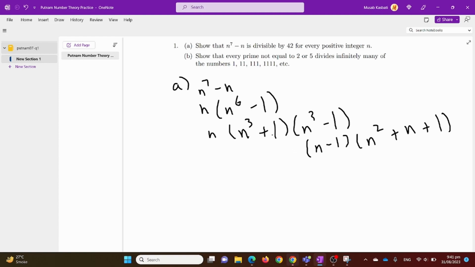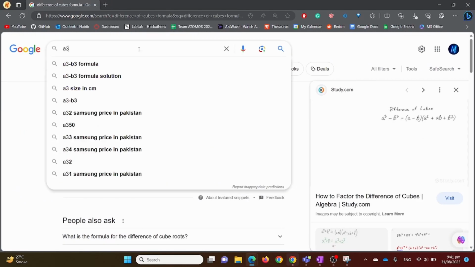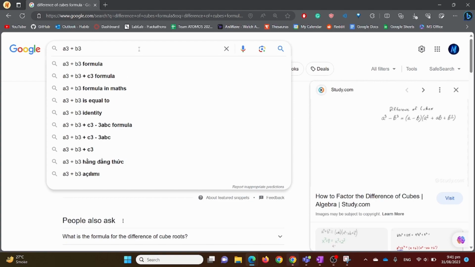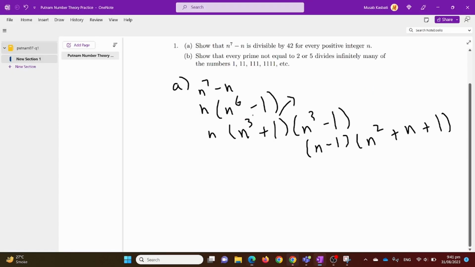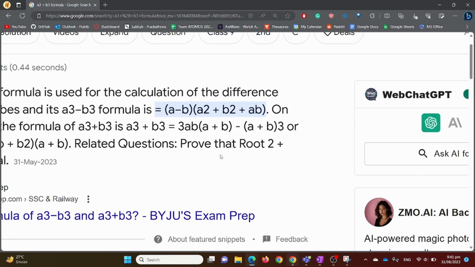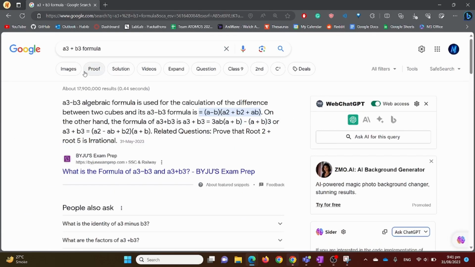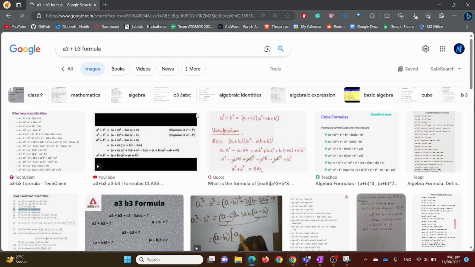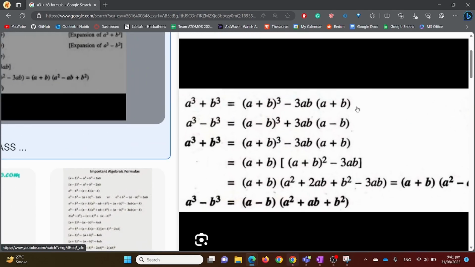This is kind of similar, except there's also a formula for a cubed plus b cubed. Hopefully I got the right thing. So that's a cubed minus b cubed, sorry.